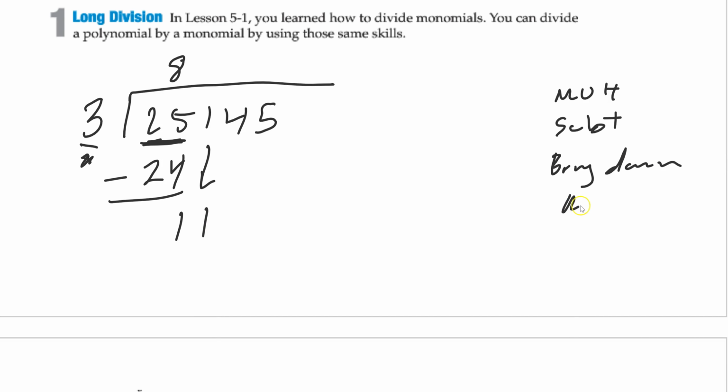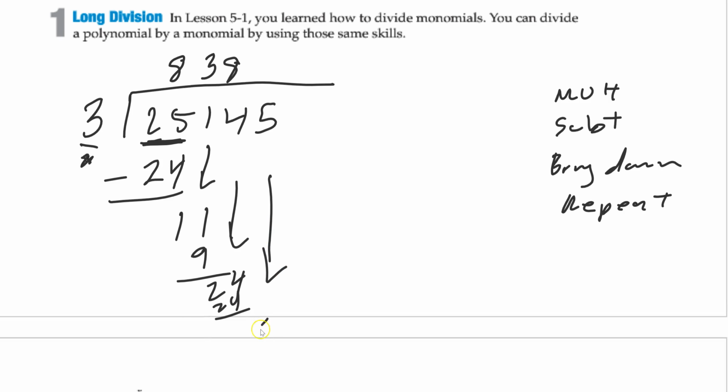And then we repeat the process. 3 goes into 11 3 times. Multiply, you get 9. Subtract, you get 2. Bring down the 4. I get 24, so 3 goes in 8 times. Then bring down the 5. 3 goes into 5 one time. Subtract, you get remainder 2.